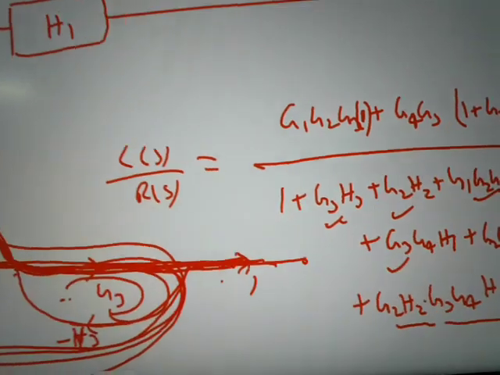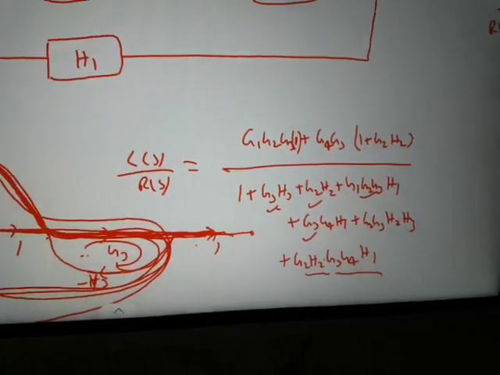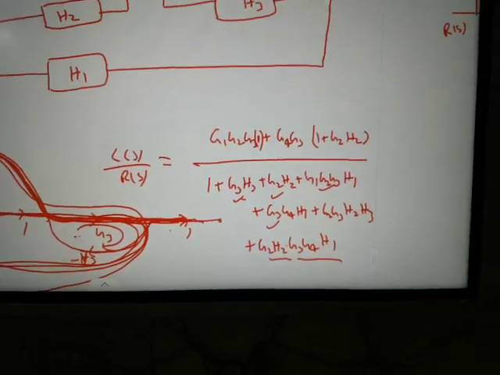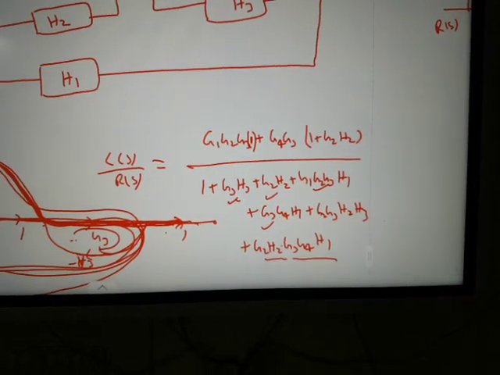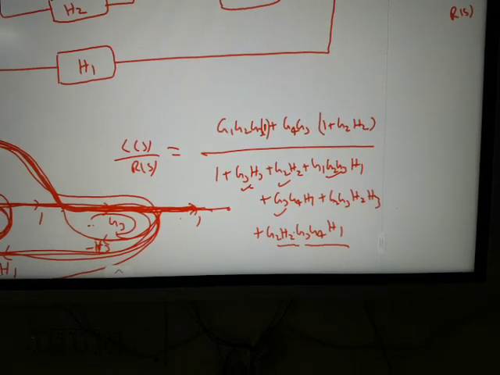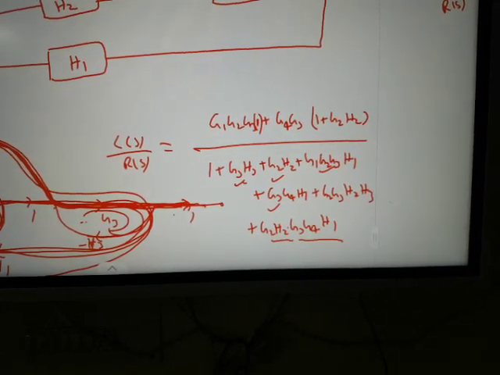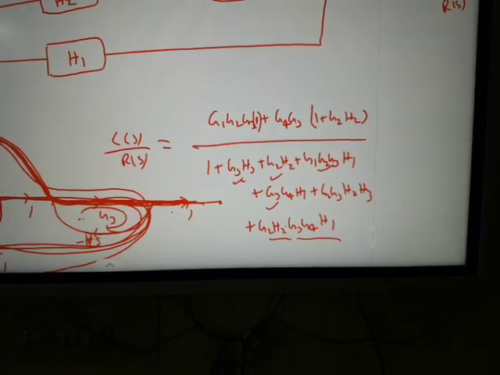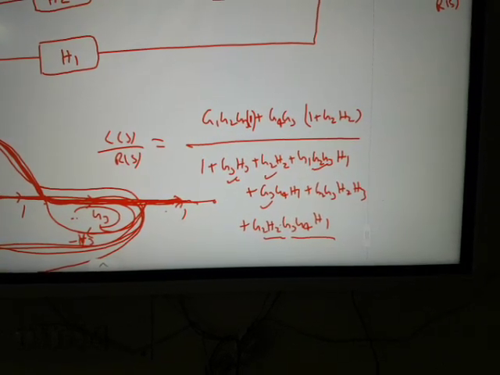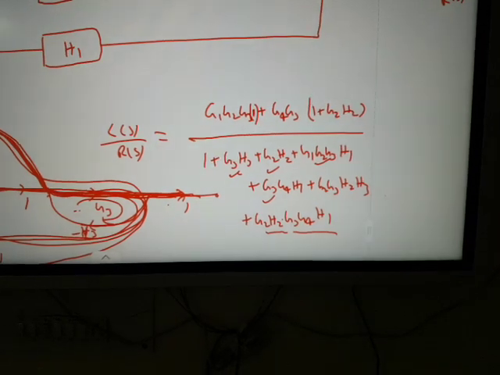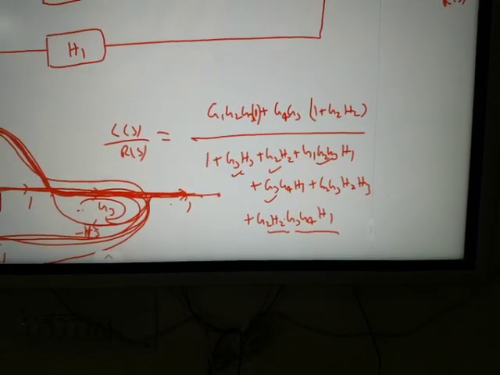So the overall transfer function for this block diagram, C(s) by R(s), equals G1 G2 G3 plus G4 G3 into 1 plus G2 H2, divided by 1 plus G3 H3 plus G2 H2 plus G1 G2 G3 H1 plus G3 G4 H1 plus G2 G3 H2 H3 plus G2 H2 G3 G4 H1.